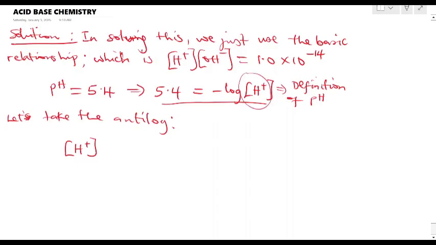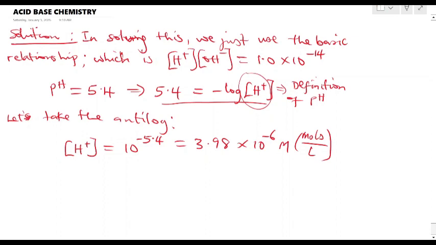Okay, hydrogen ion concentration is equal to the antilog, which will now be 10 raised to the power of minus 5.4, and that gives you 3.98 times 10 raised to minus 6 molar, or moles per liter. Now, taking the antilog, this is what you get.